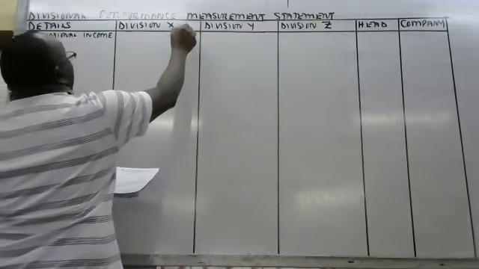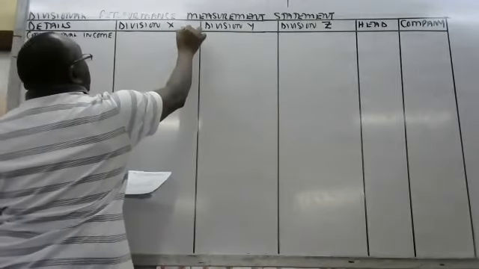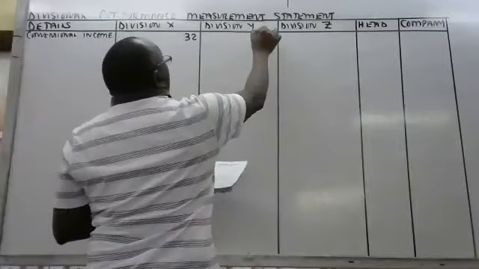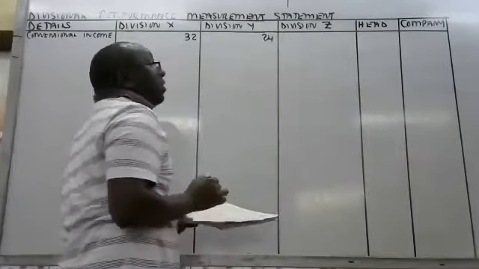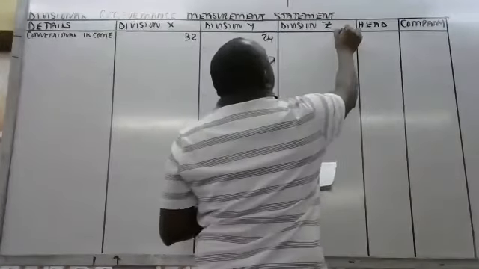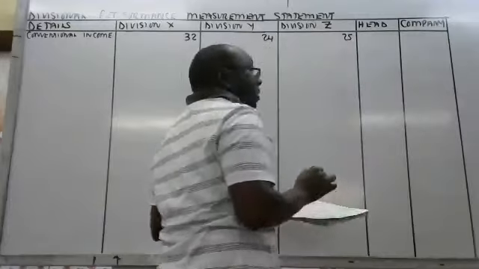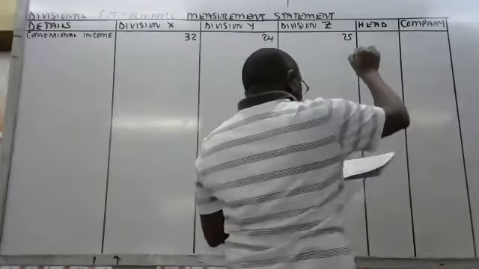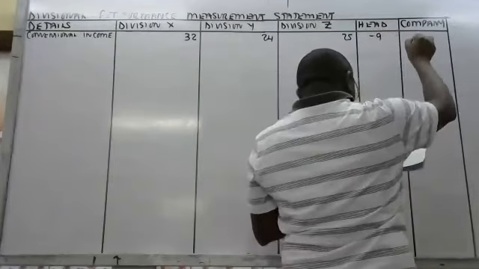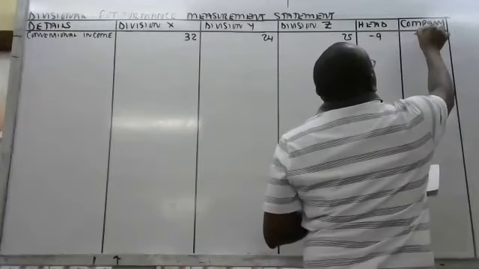So X has 2, you put that 2 here. Y has 24. Z has 25. And the head office has -9, and the company has 72.